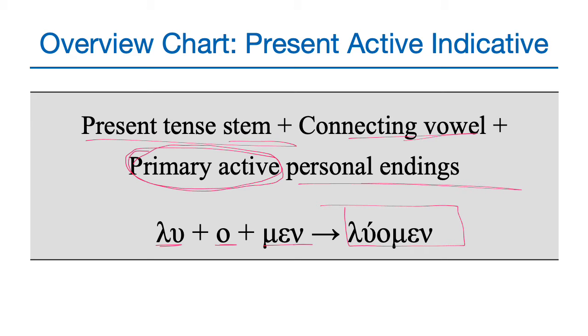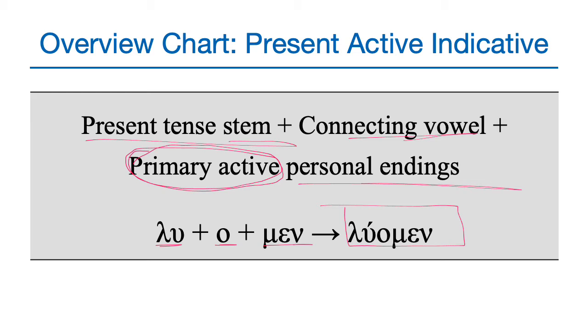As we move forward, you are going to come across this overview chart of the present active indicative, and the way that it is formed. This is the point of this slide. The present active indicative is formed by the present tense stem plus connecting vowel plus primary active personal ending. Note that: primary active personal ending.